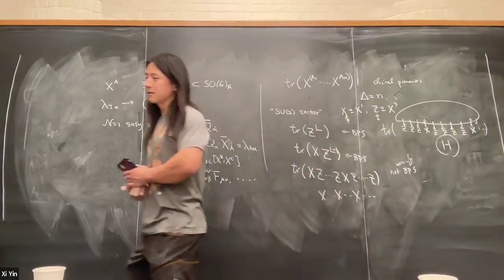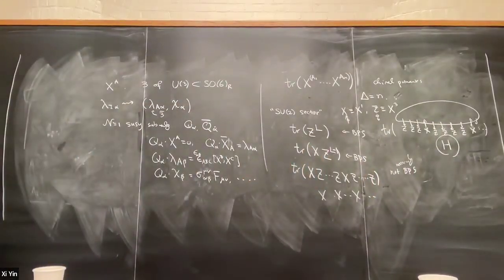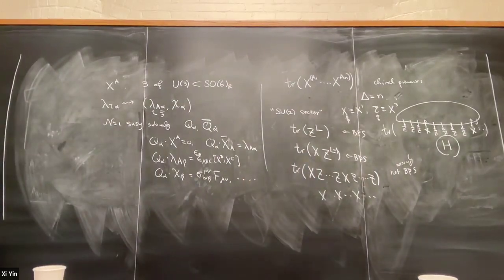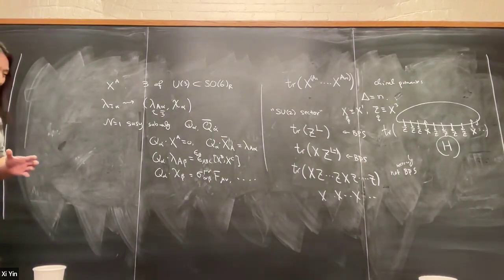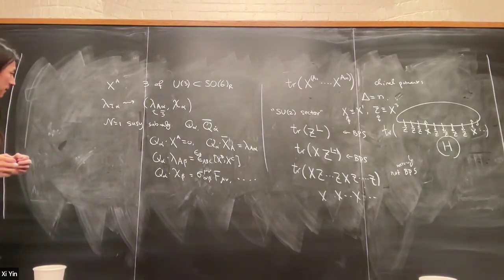Okay, so there are arguments that I spelled out in much more detail in the previous chapter of the string notes, that the chiral primaries are in one-to-one correspondence with a certain kind of Q cohomology.